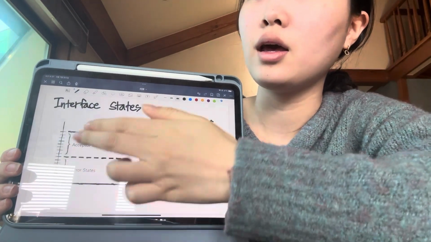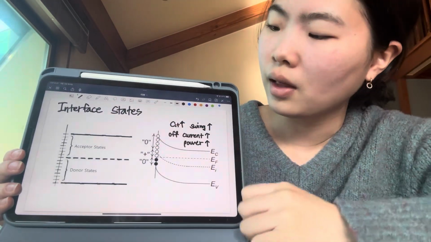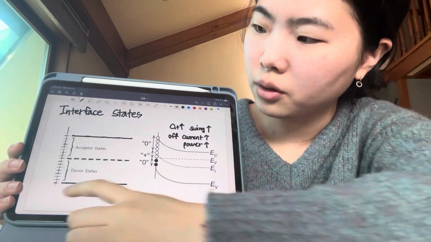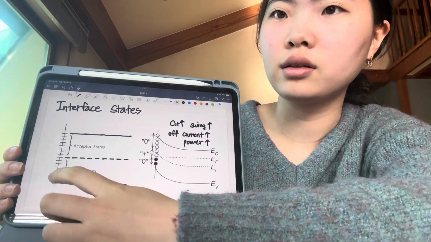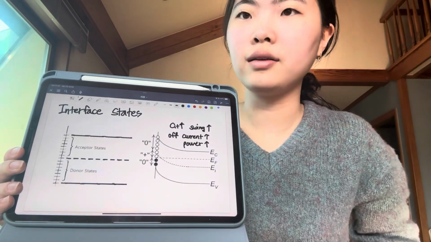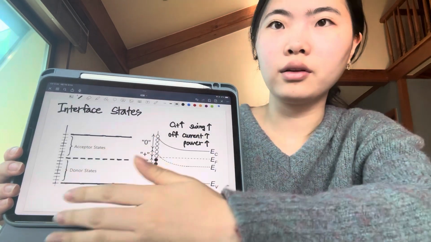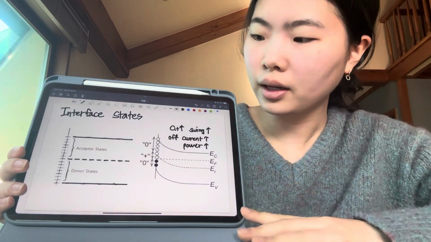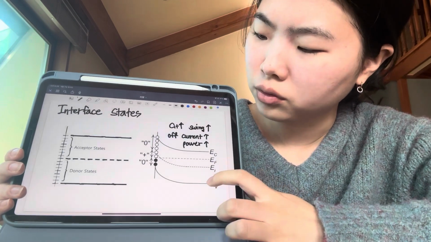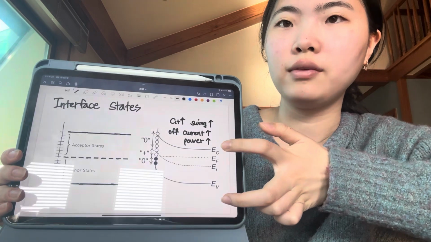We can divide them into two states here, and there are many traps here, like these lines. Each of them is an interface trap, and this is also the schematic of the interface.